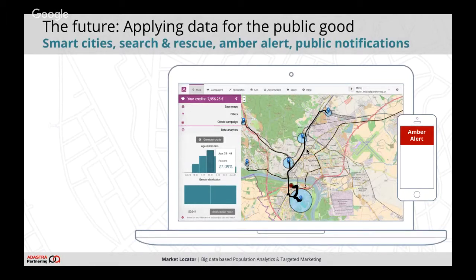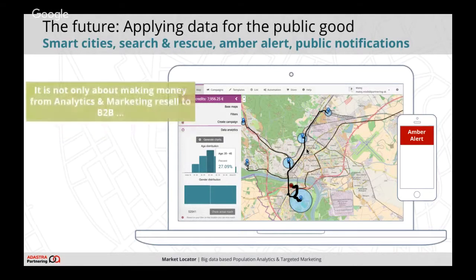Be it smart cities, search and rescue optimization, Amber Alerts, public notifications. So understanding where and how people move around in the physical world. You as banks are in a very unique position to provide this sort of insight. So it would be a pity not to use it.